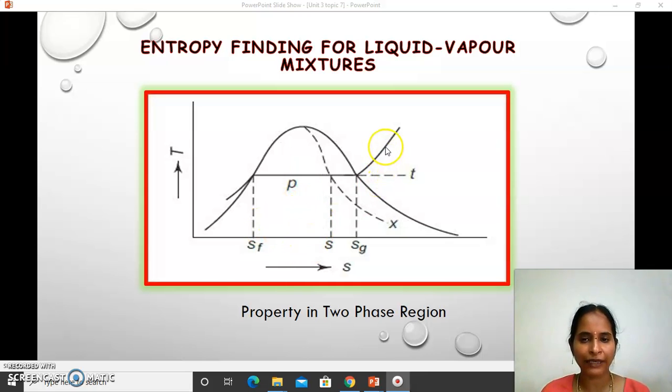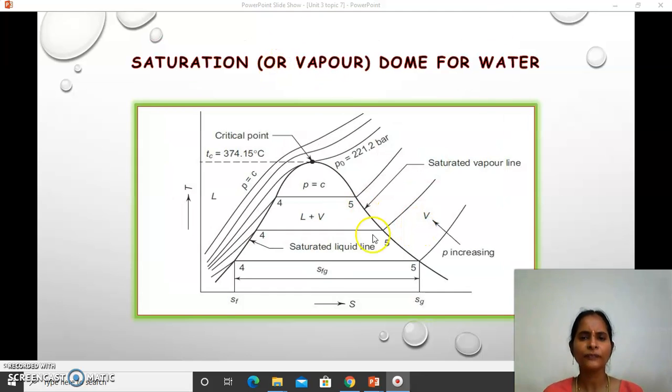For the gaseous state, in the superheated region, you can directly take the entropy from the steam tables corresponding to its pressure and temperature, and in the liquid state you can also get the fluid values. But between liquid and gas, that is wet steam, the difference between the entropy of the gaseous phase and the fluid phase has to be found.